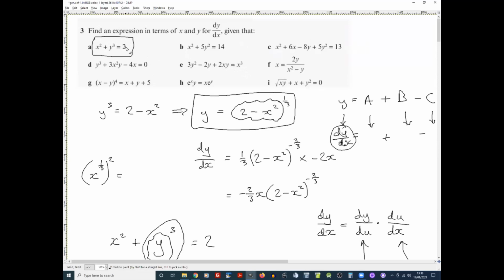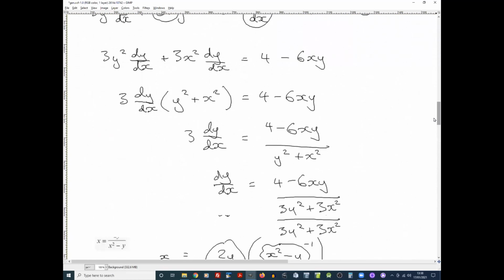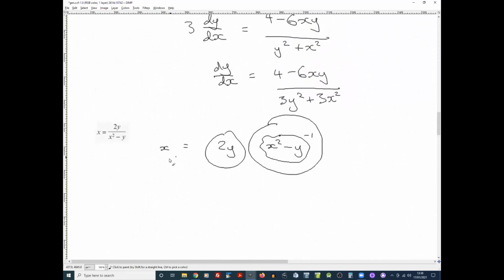If one side is a constant, it will differentiate to 0. So we just say 1 equals, minus 2y. Why minus? Because it's minus 1 times 2y. Oh, no, ignore that. I was thinking about it wrong.